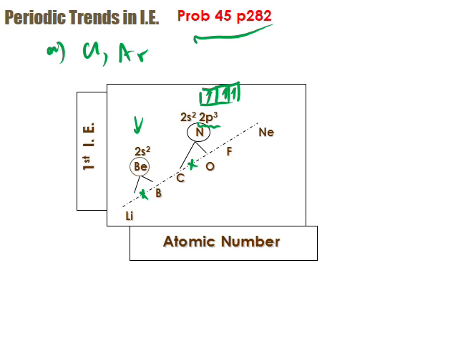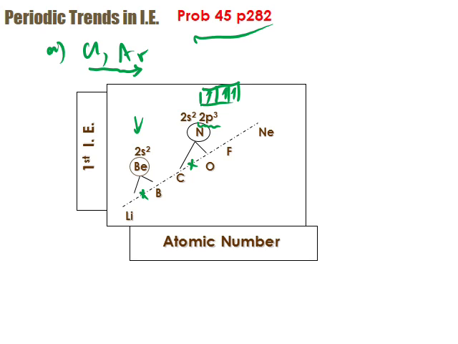Cl and argon belong to period 3. Period 3 is same as line 3. So it's like this. Cl is on the left hand side and then argon is on the right hand side. Remember I mentioned that as you go from left to the right, ionization energy increases. So first ionization energy increases.